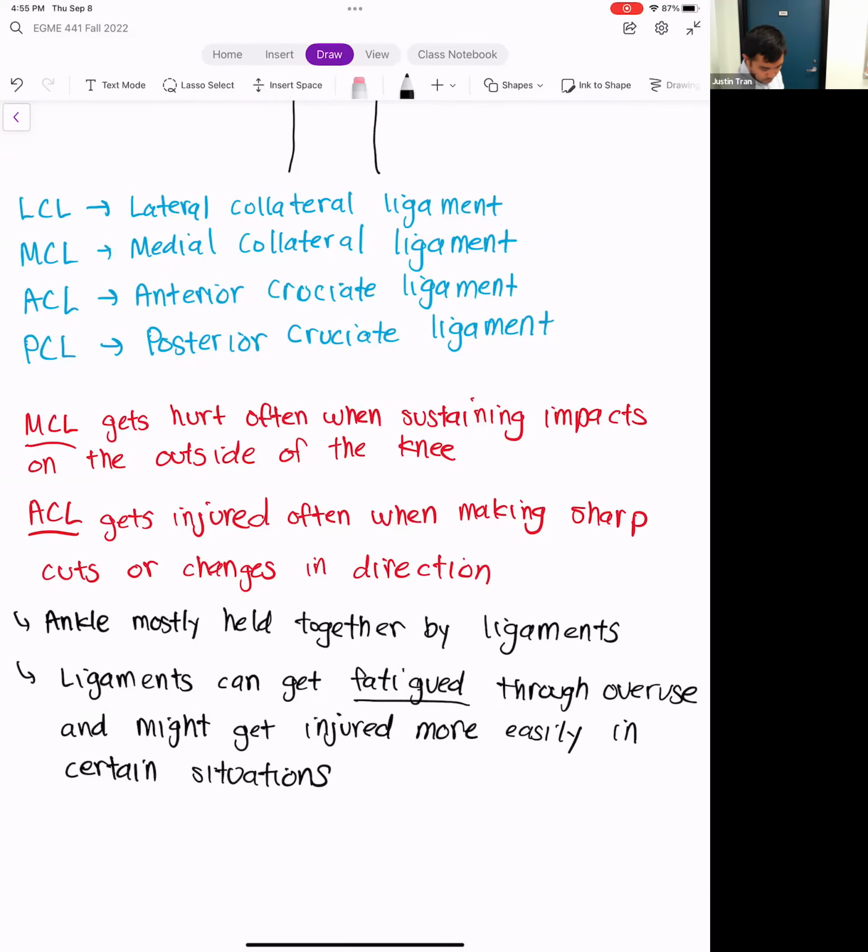The other difference is that when you're talking about ligament stability, when your ligament is actually doing work to keep your joint stable, it's often in tension.